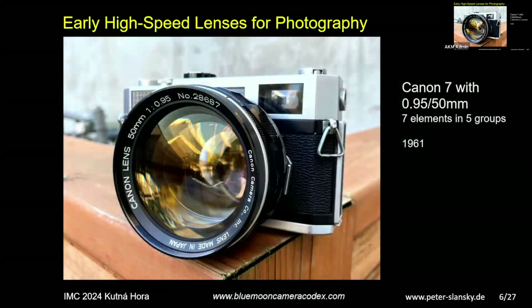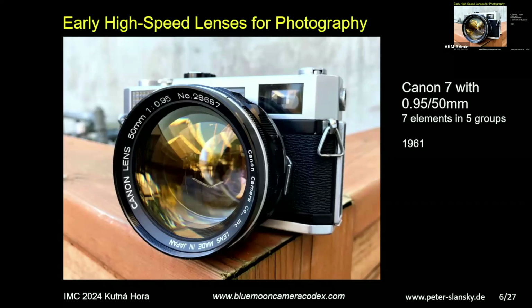In the same year, Canon came up with an impressive speed of less than 1. Some people think that that is a natural barrier, but it isn't. From today, you have to say only 7 elements in 5 groups. This lens here has 15 lenses in 12 groups.